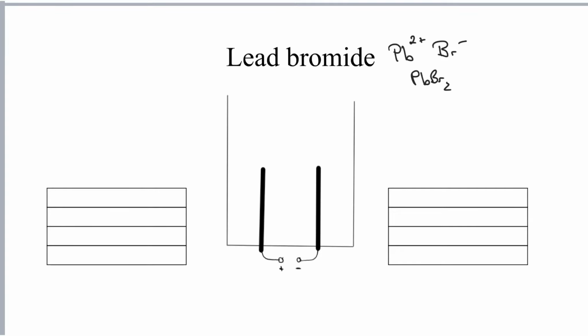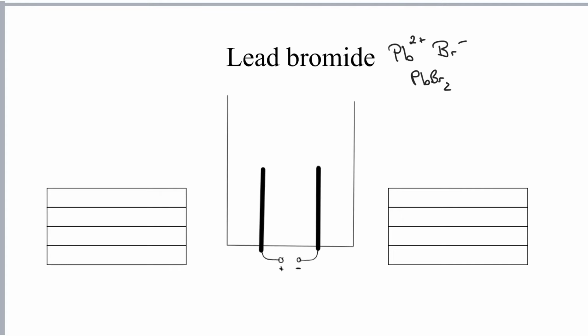Now, you may be shown this in the fume cupboard in your lab, and this will probably be set up with a bulb as part of the circuit. So when solid lead bromide is tipped in, absolutely nothing happens, the bulb doesn't light. Remember, those ions are held in place by strong ionic bonds and they're not free to move.